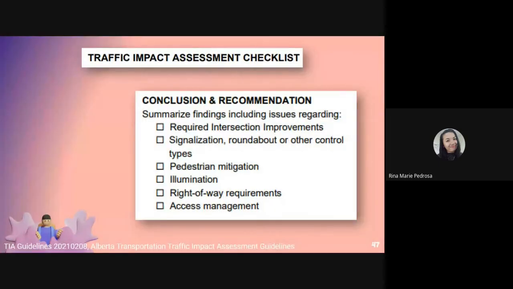And lastly, for your traffic impact assessment checklist, you should have the conclusions and recommendations. So the summarized findings, including issues regarding required intersection improvements, signalization, roundabout or other control type, pedestrian mitigation, illumination, right-of-way requirements, access management. So that's a traffic impact assessment checklist.